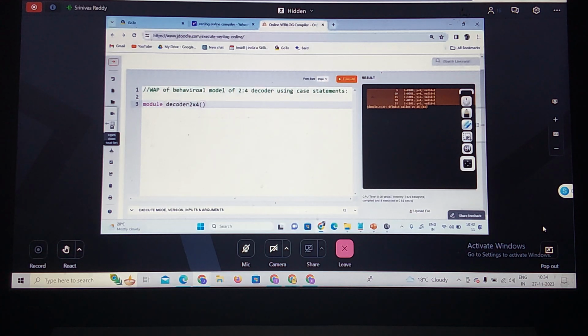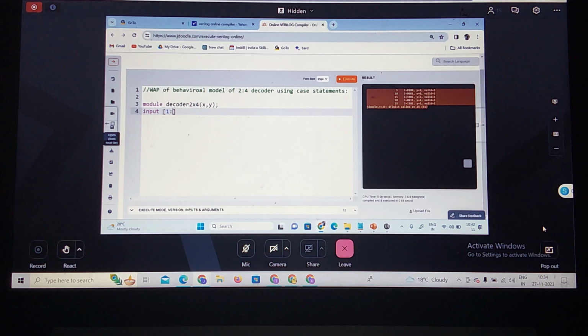What is the input to this? X. Do you need any valid input or valid output to check this? No, right? Then input is 1 down to 0 of X. Output is reg 3 down to 0 of Y.